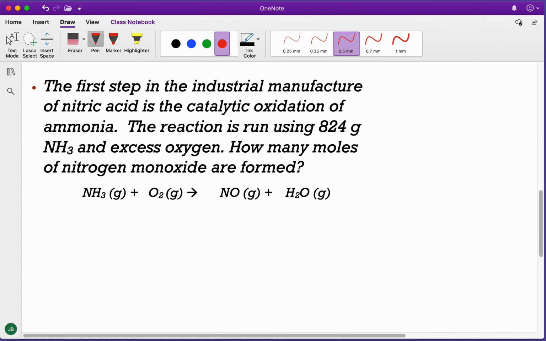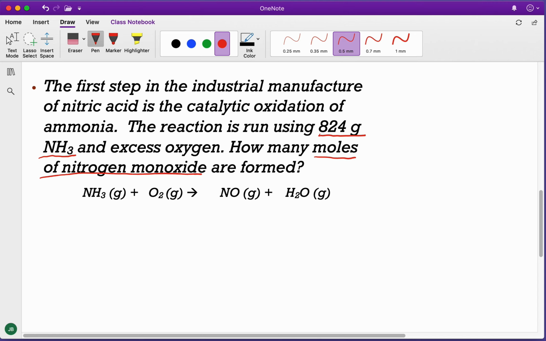Just go straight to the important information, okay? Which is our numbers, our grams, what compound that number and unit goes with, and our question, which is going to be moles of nitrogen monoxide.